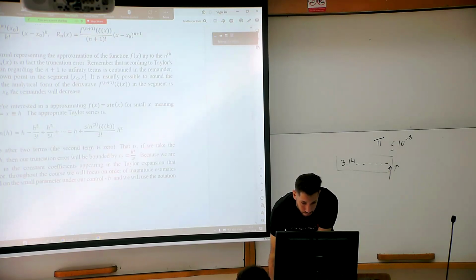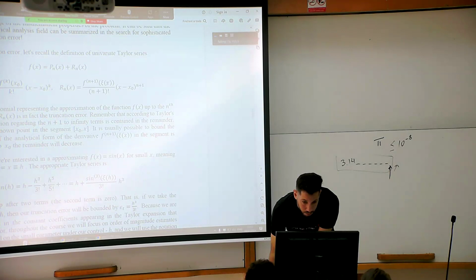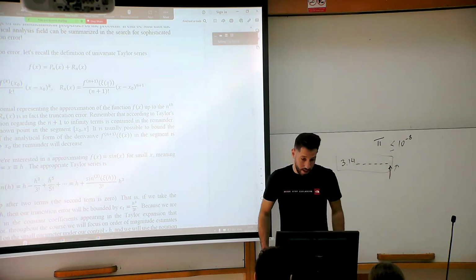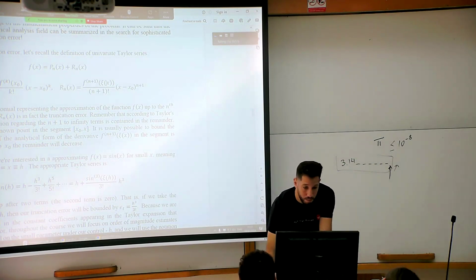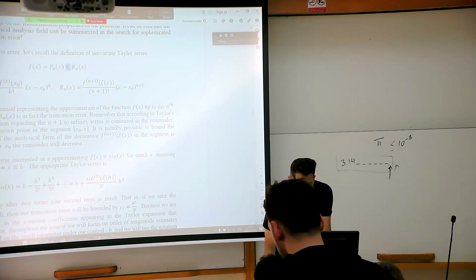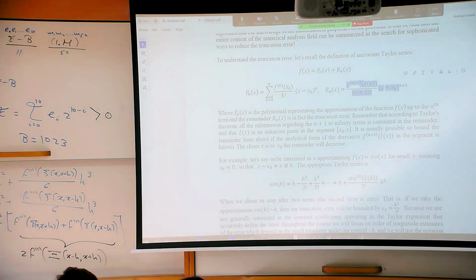The C is from a previous course, in which you proved that if I truncate the infinite polynomial at a finite position n, then I can write the remainder exactly in this way, where psi of x is some number. I don't know what it is. It is some number between x0 and x.